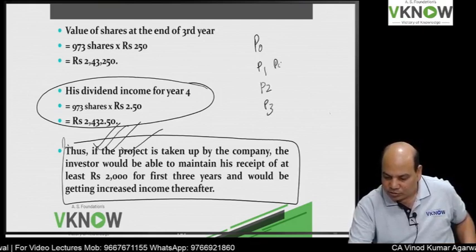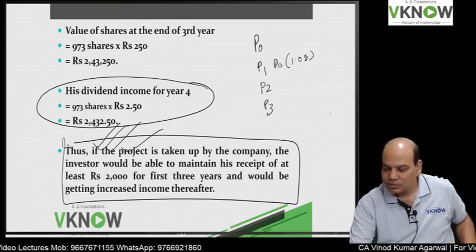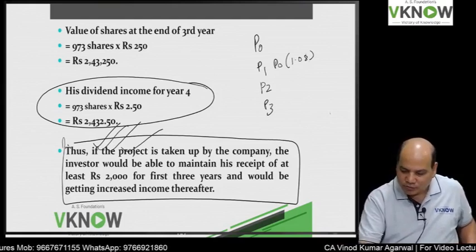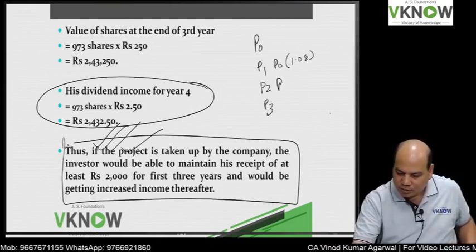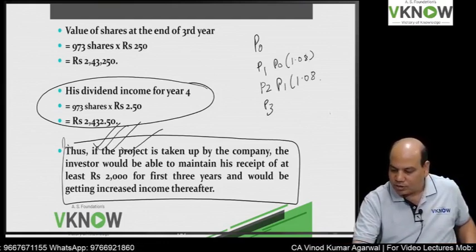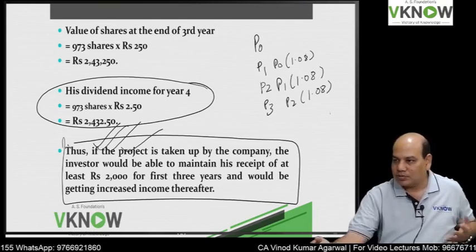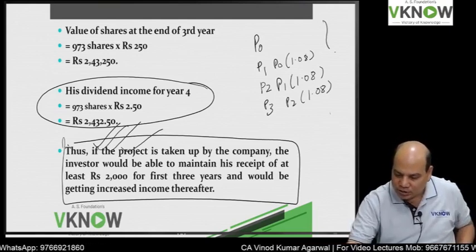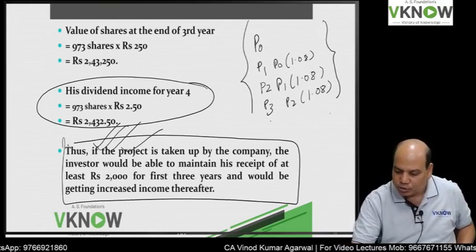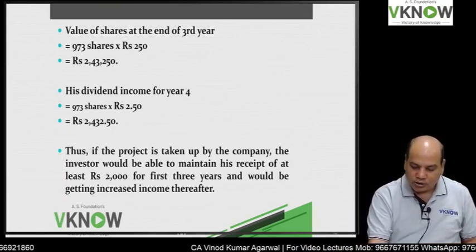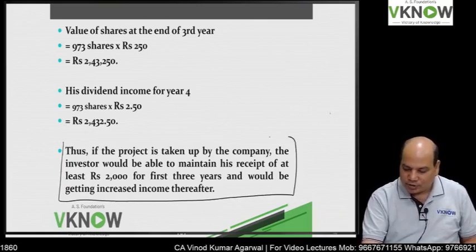From P0, if you multiply by 1.08, you will get the same answer. Discounting and compounding will give you the same answer. Whichever way you can do. You can take P1 into 1.08, you can take P2 into 1.08. You are doing the same thing. If you want to present like this for P1, P2, P3, you can do it. Just write a note and complete the answer.